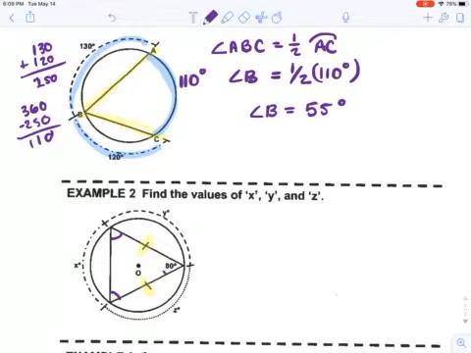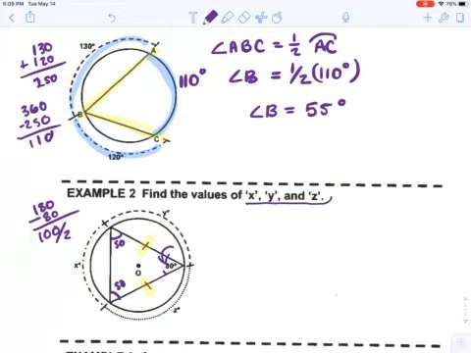So if this angle that's given to us is 80 degrees, and we know that the three angles in a triangle add up to 180, well, we can do 180 minus 80, and we'll get 100. But that doesn't represent this angle or that angle. It represents them combined. So to get both of those angles, we need to divide 100 evenly. And so this angle is 50, this angle is 50.